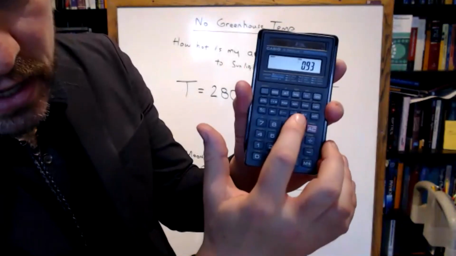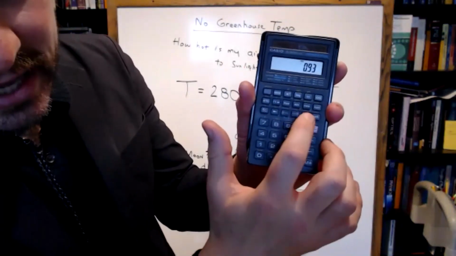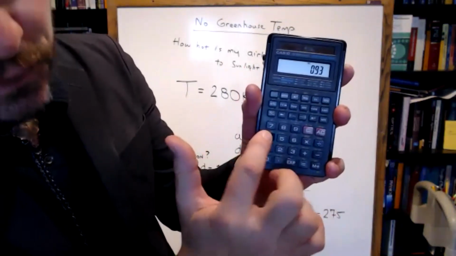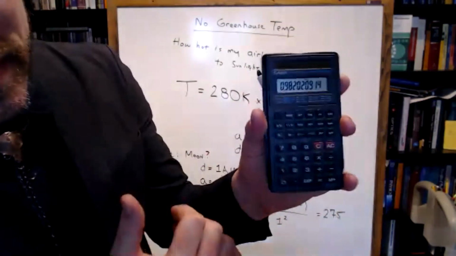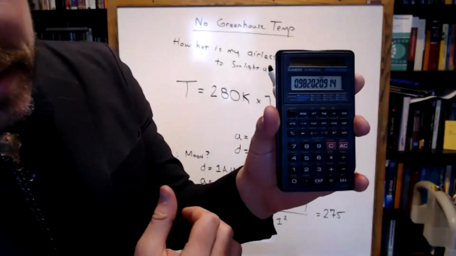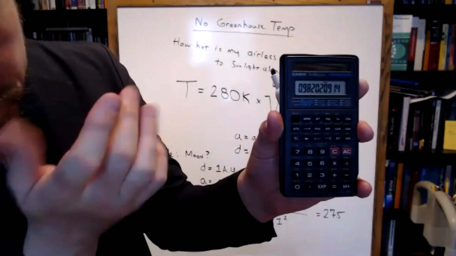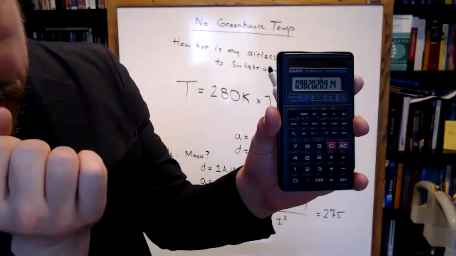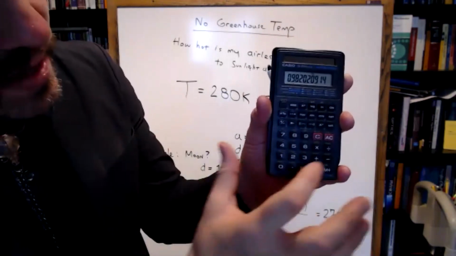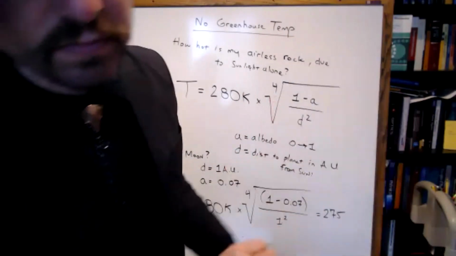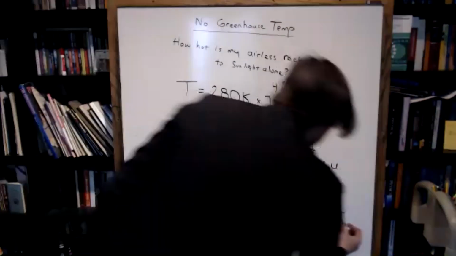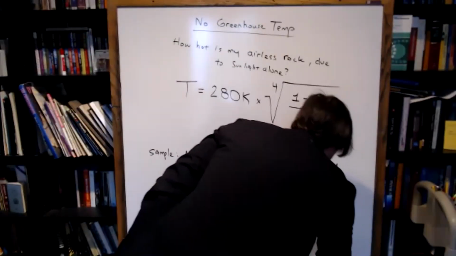Shift, and then hit your x to the y key. And then you have to hit 4 to let it know it's the fourth root. And then you have to hit equals. Did you get 98%? Yes. Awesome. And then you times that by 280. Hey, this is 275 Kelvin.